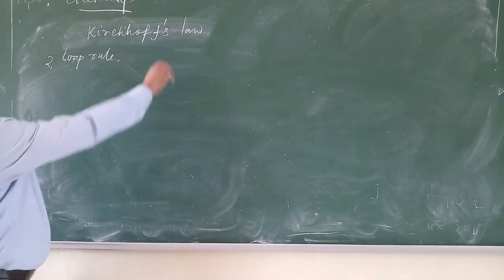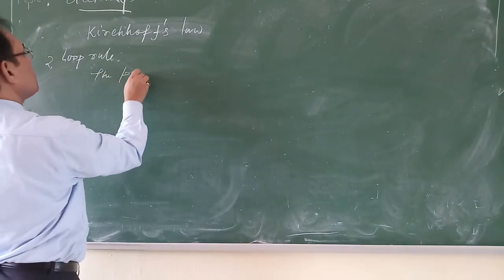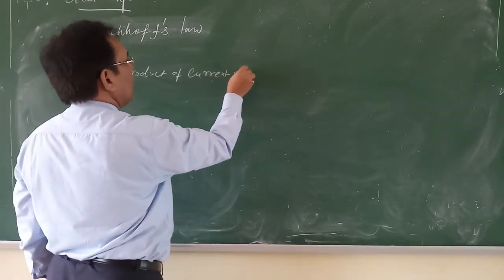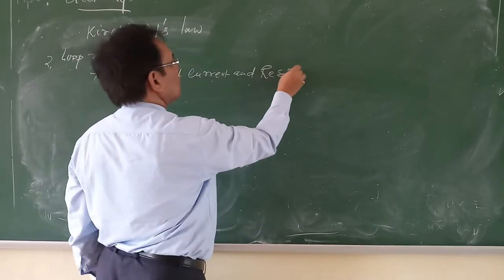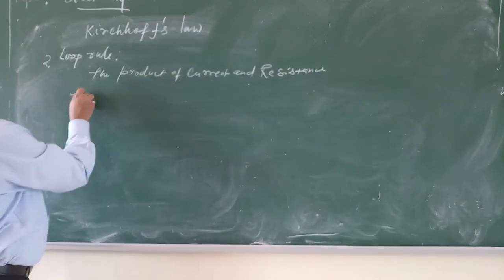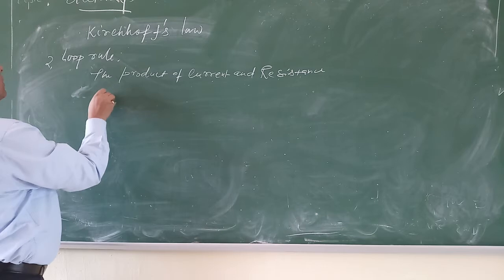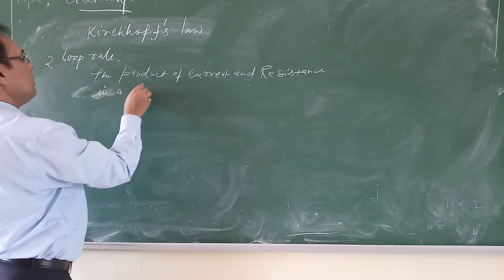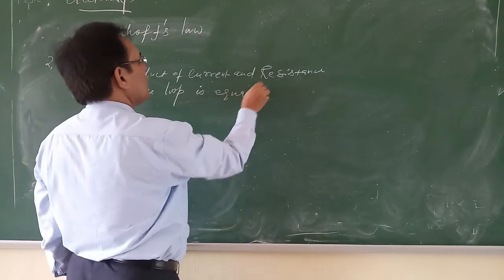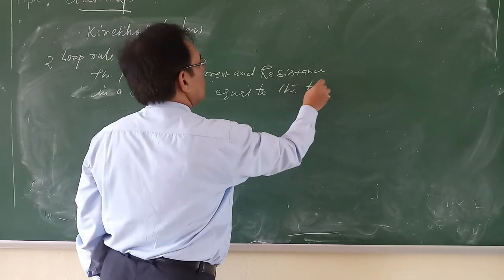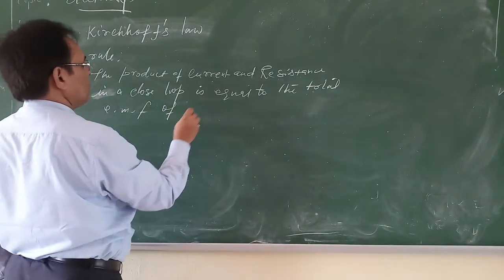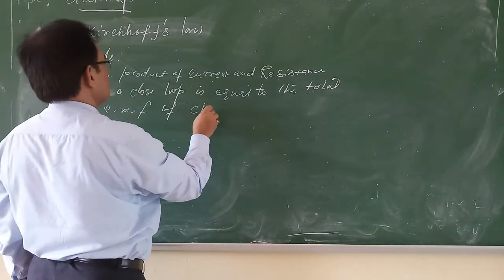The loop rule says that the product of current and resistance in a closed loop is equal to the total EMF of the closed loop.